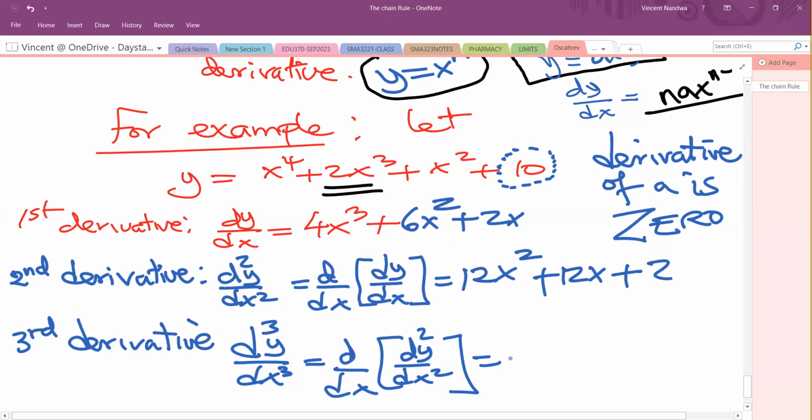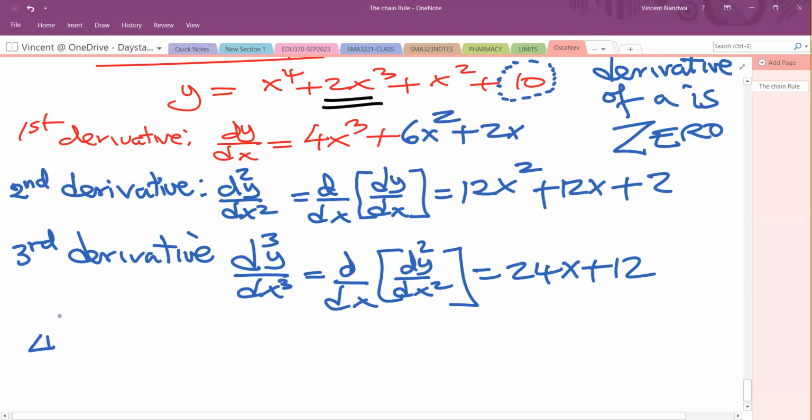So when you differentiate 12x squared, you get 24x, and then next 12 plus. So we don't have to write that 0, okay?